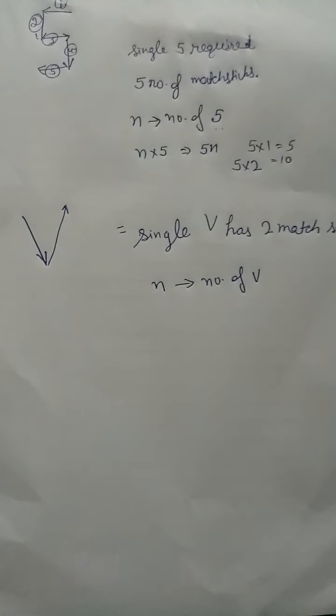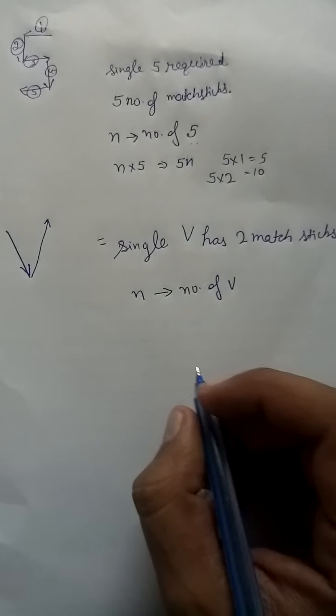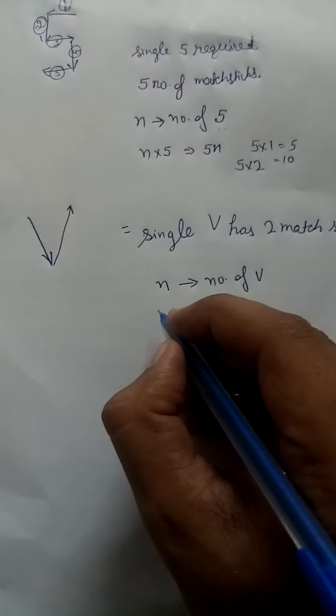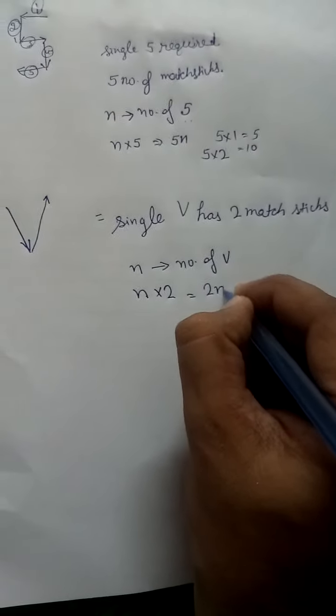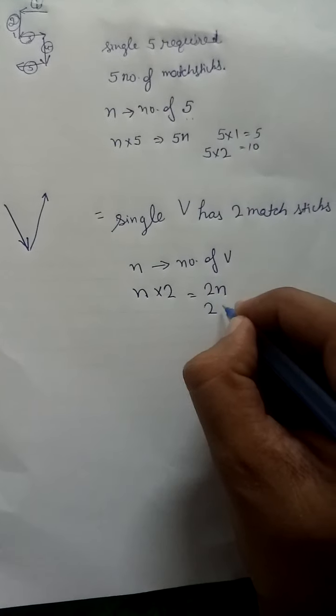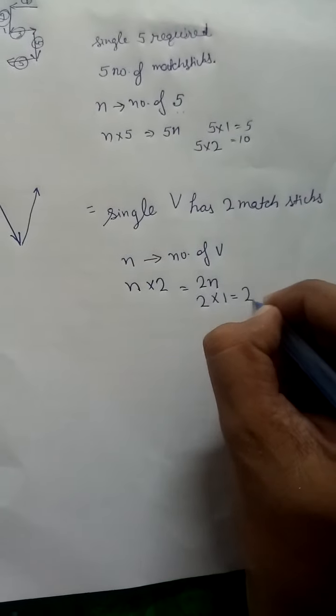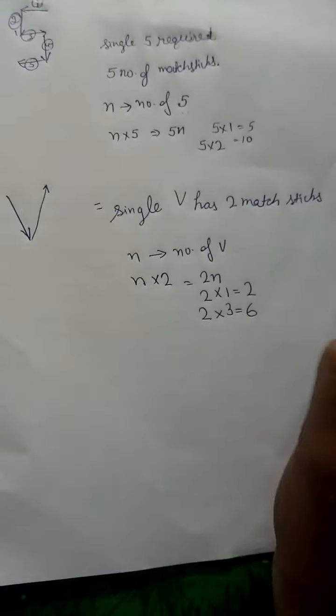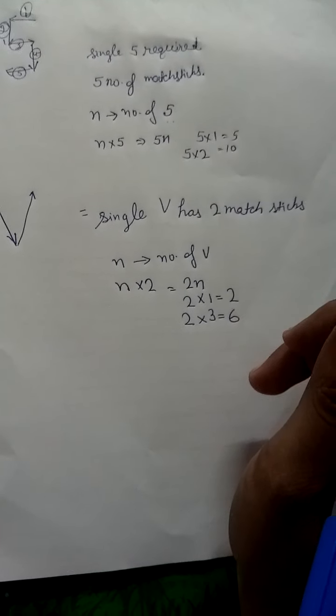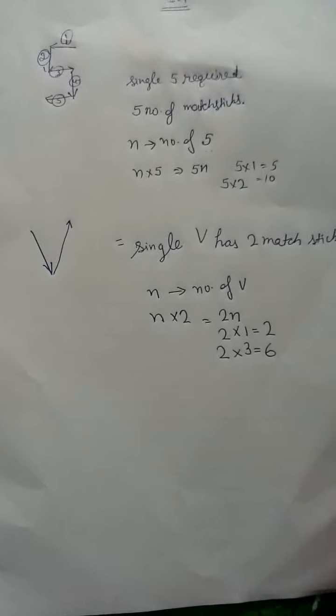It means n represents the number of Vs. So the required expression for this is n multiply 2, that is 2n. If we are talking about a single V, we require 2 matchsticks. If we are talking about 3 Vs, we require 6 matchsticks. In a similar way we can solve the whole exercise. Is that clear?